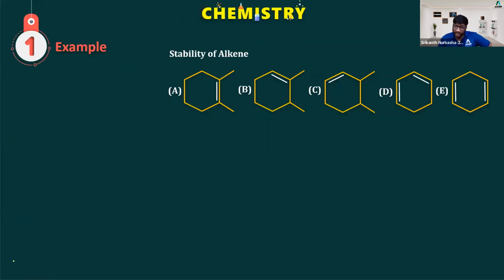Compare here the stability of alkenes A, B, C, D, E. Five alkenes have been given to you. You have to give the right order.